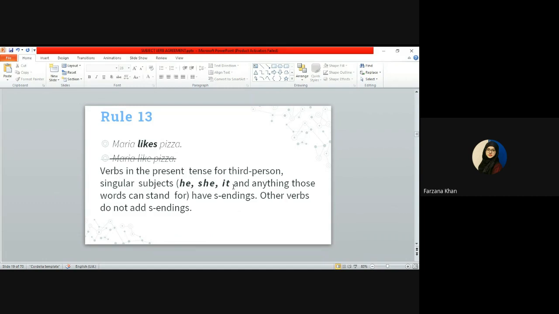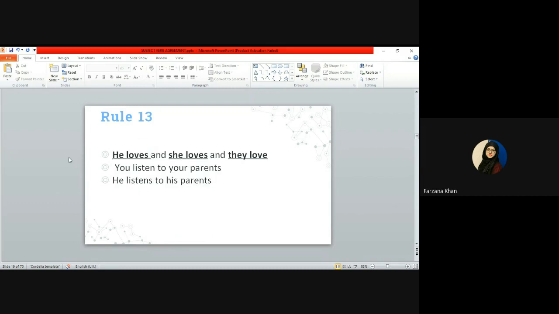But other verbs do not add s endings. You can see here in examples, he loves, right? He is a third person singular subject, and we are talking basically about the present tense. She loves. She is also a singular third person.